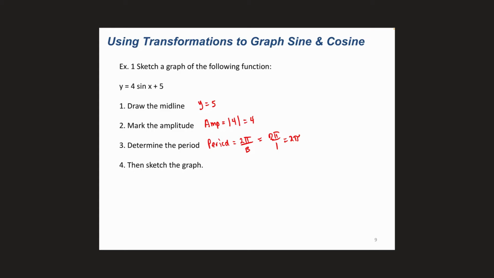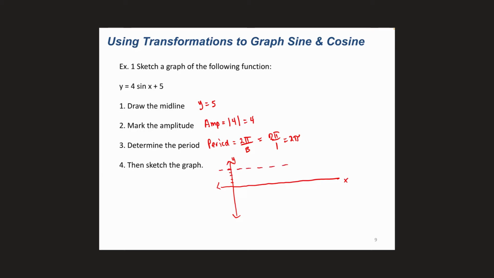So let me go ahead and draw the sketch. So we have, here is our graph. This is the y value. This is the x. My midline is going to be 1, 2, 3, 4, 5. So here is my new x-axis.